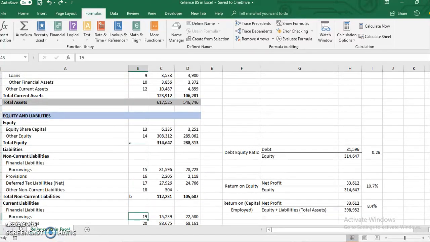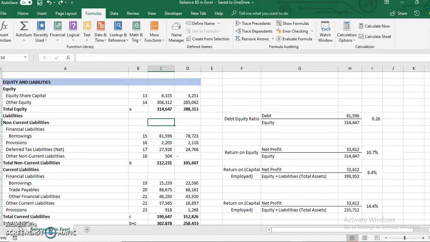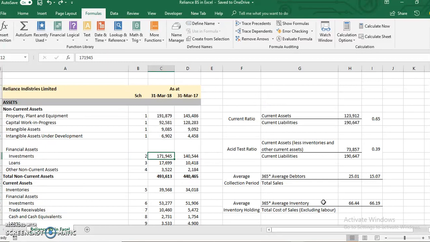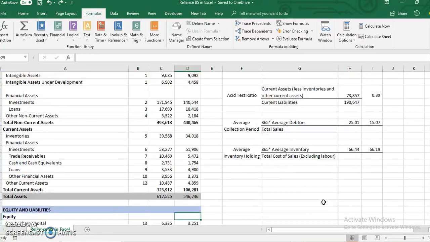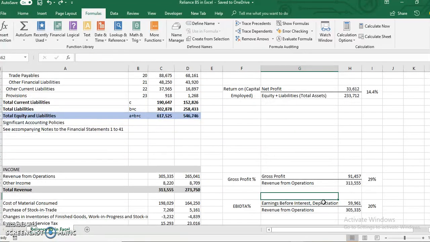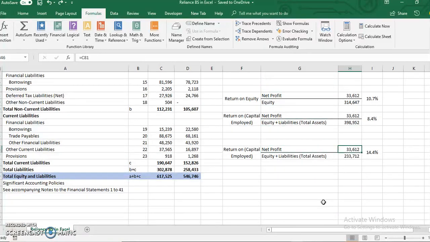However, we must look at the utilization of assets. Here, the utilization of all the assets is not actually producing any income in this particular statement, because a lot of investments are made in their own subsidiary companies, and the income or return from those companies is recorded in their individual financial statements and is not consolidated into this statement. So to effectively calculate the return on the assets actually employed in operations, we have removed those assets from the calculations.